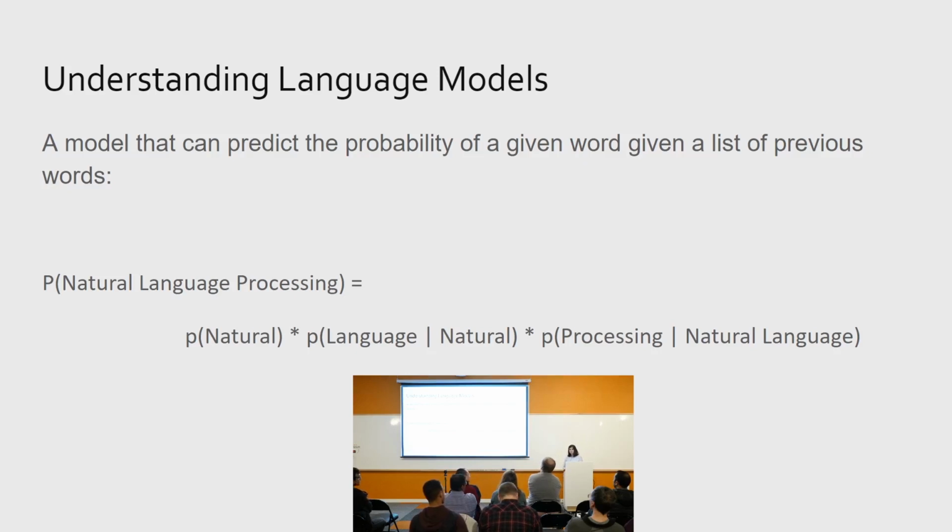You could go the other way, but you'd have to say the probability of processing, times the probability of processing preceded by language, multiplied by the probability of processing preceding language preceding natural, which is kind of unintuitive when you think about it.